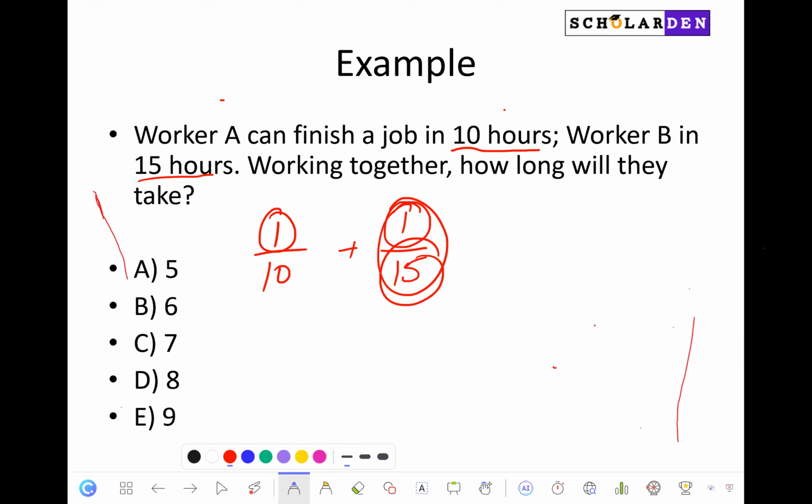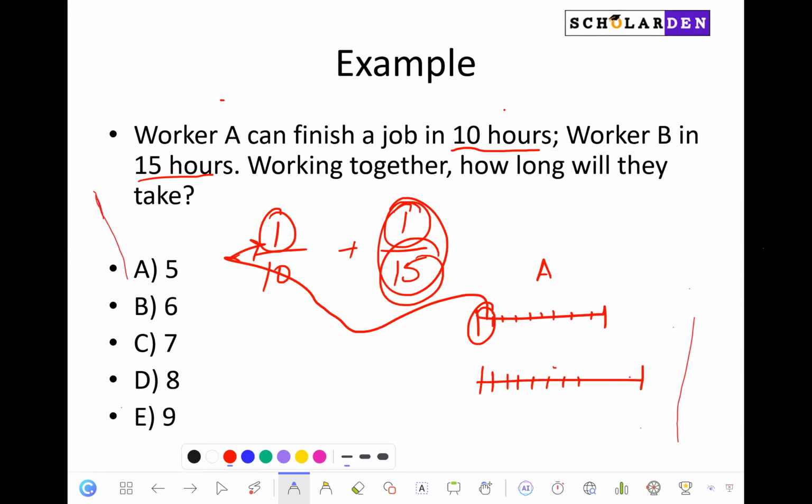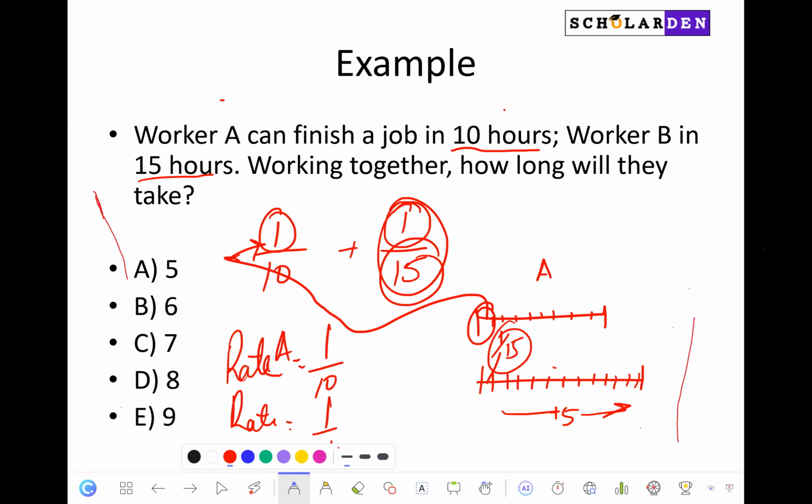So if this is the total time for worker A, I'm going to say that in 10, this is the smallest entity of time that it takes for worker A. And for worker B, it's going to be slightly different. Because these are 15 in total, this represents 1/15, the kind of rate. And what is the rate? So over here, we're getting 1/10 for worker A, and worker B is 1/15.